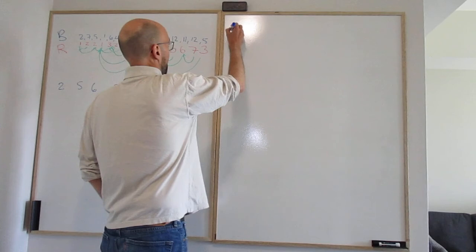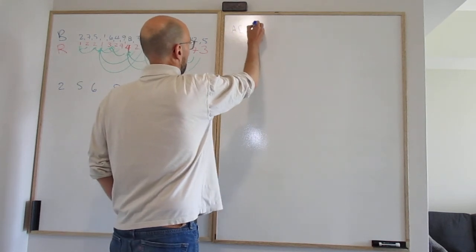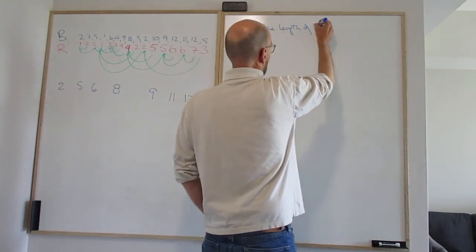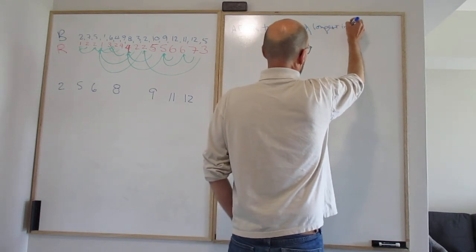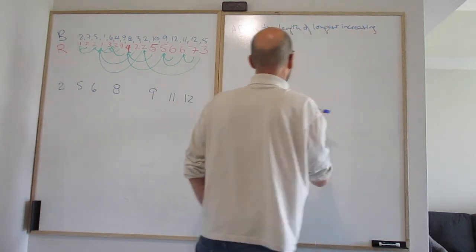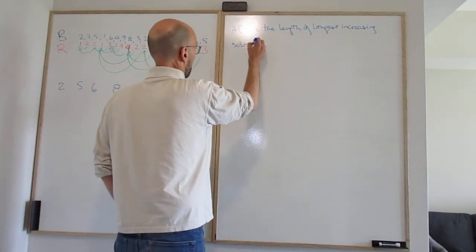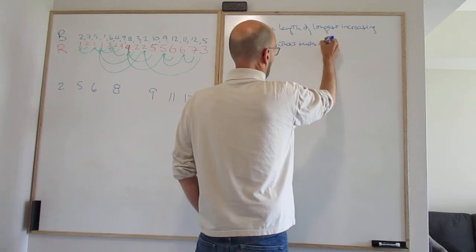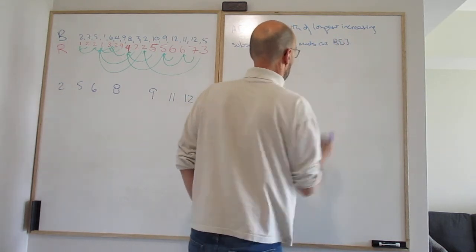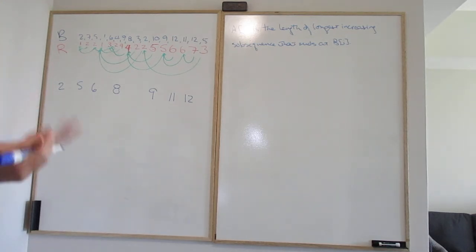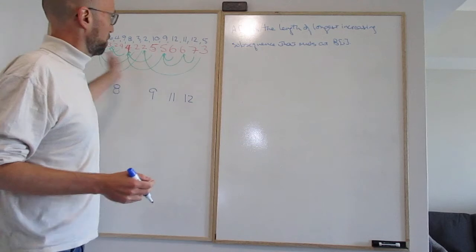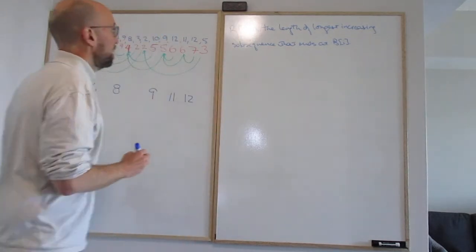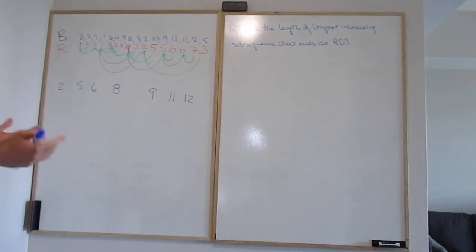So we're going to say that Ri is the length of the longest increasing subsequence that ends at Bi.